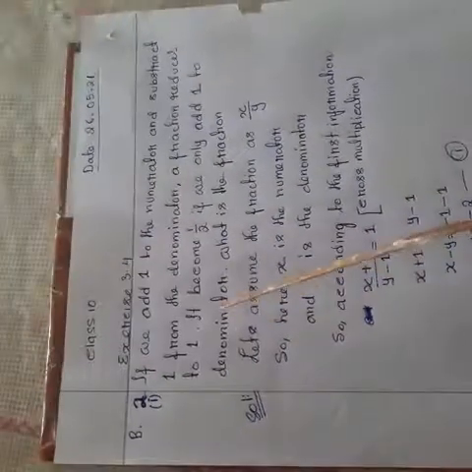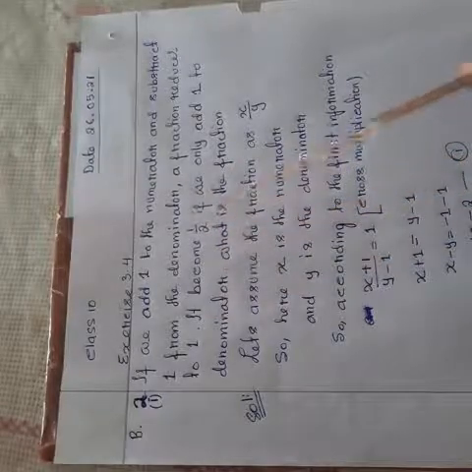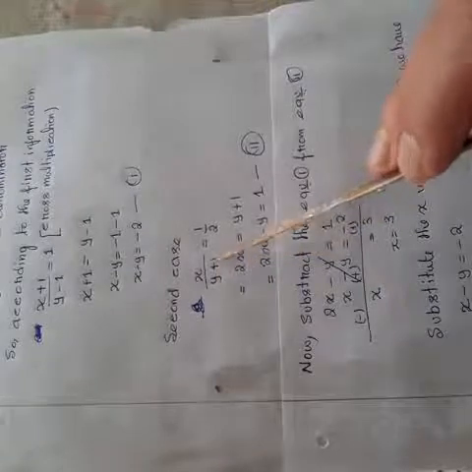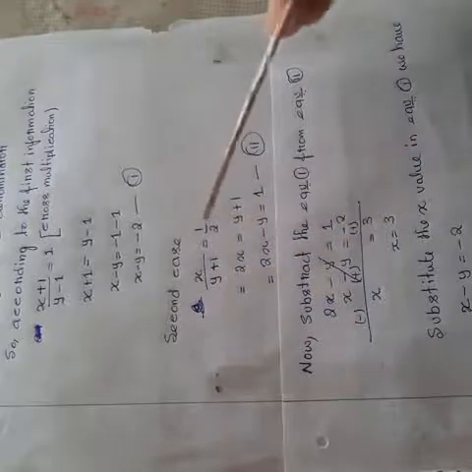Let's come to our second case. It says that it becomes 1 by 2 if we add only 1 to the denominator. This is the numerator; we don't have to do anything on the numerator. What we have to do is on the denominator. If we add 1 to the denominator, our fraction will turn into 1 by 2.